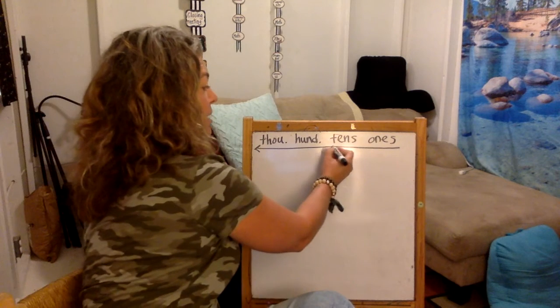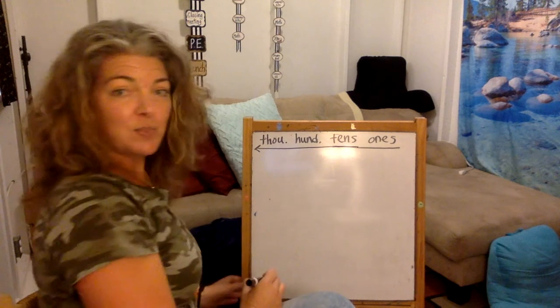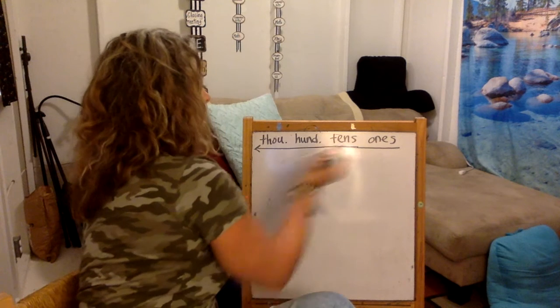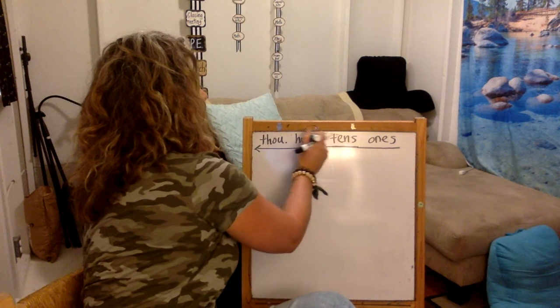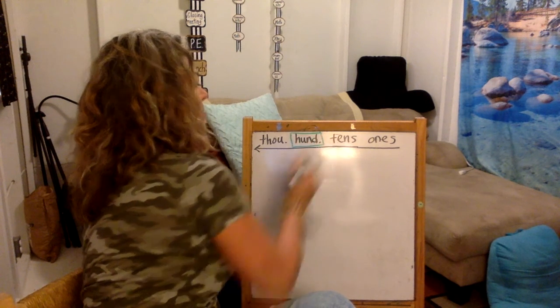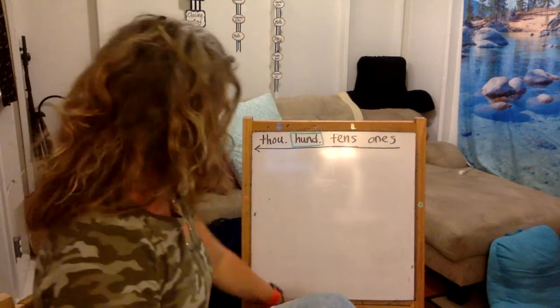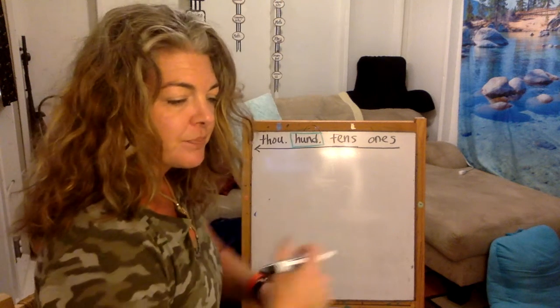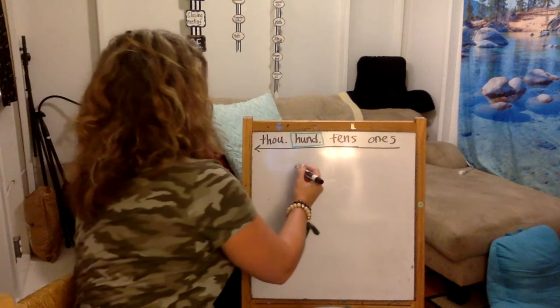So far, we've been working just in the tens place. Today, we are going to be putting the number in the hundreds in the house. All right, let's say I have the number 750.